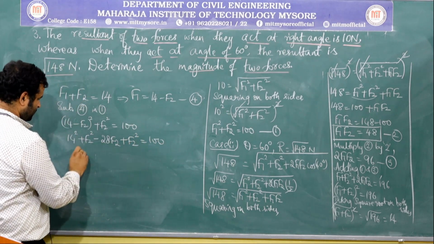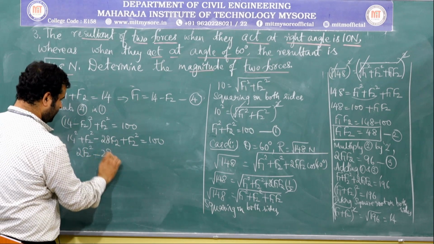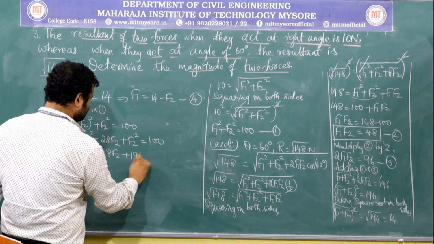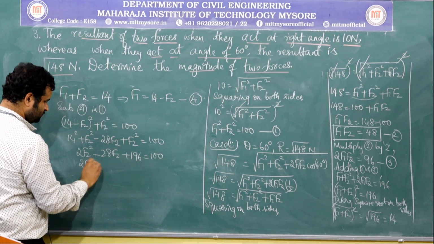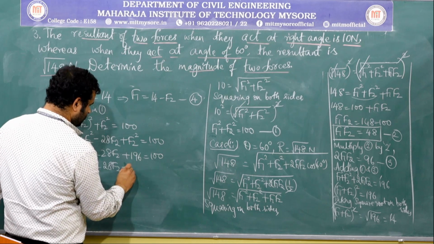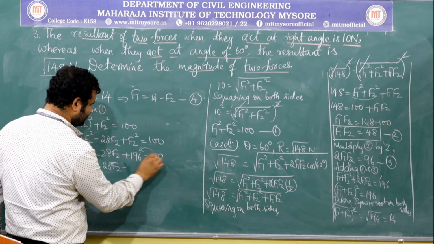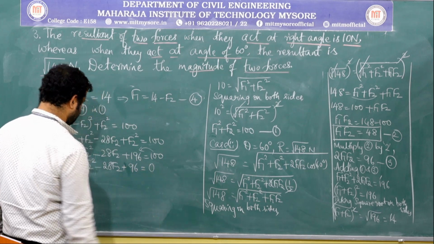That is nothing but 2 F2 square minus 28 F2 plus 196 equals 100, or 2 F2 square minus 28 F2, taking 100 to the left hand side, 196 minus 100 is 96, plus 96 equals 0.